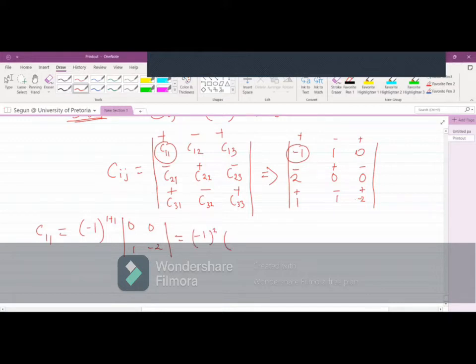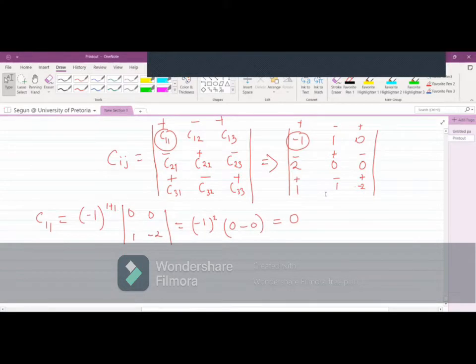Open the brackets: minus 2 times 0, minus 0 times 1. At the end of the day, the answer is 0. Any question? No question. Silence means no question.